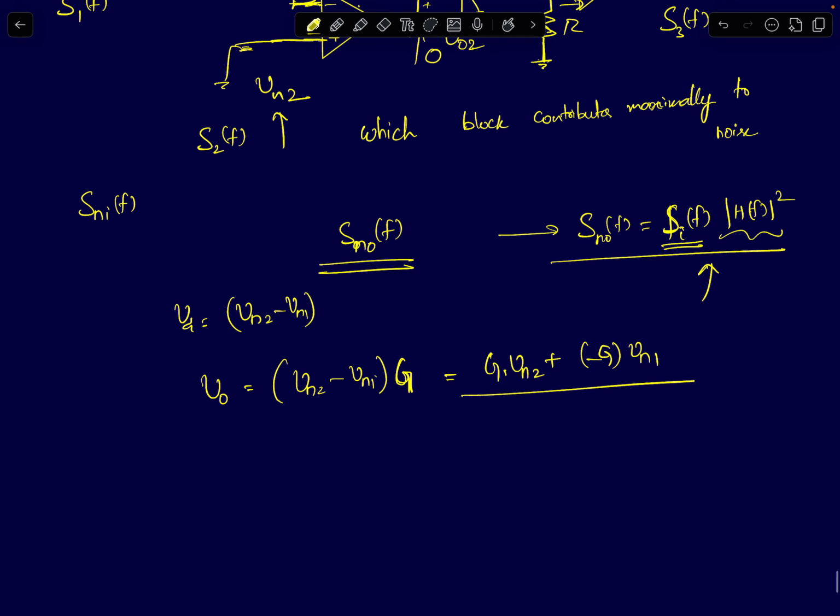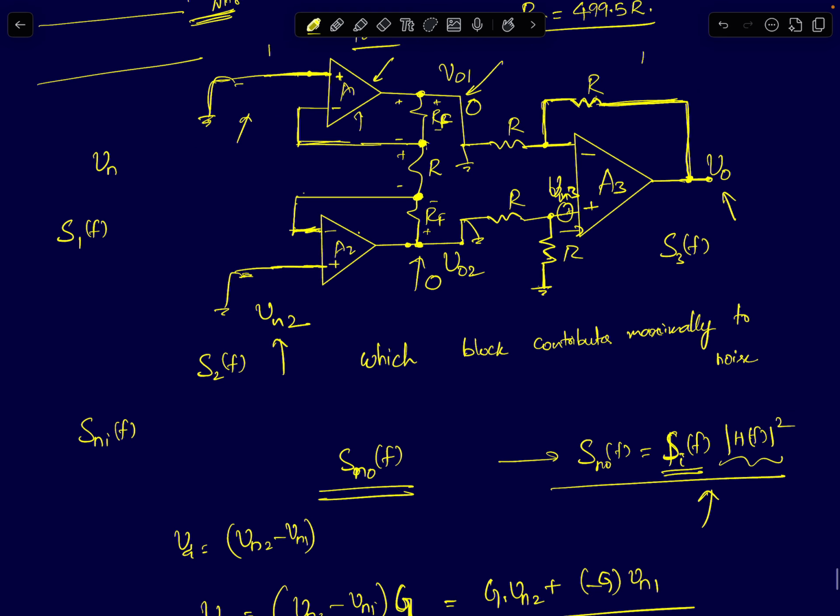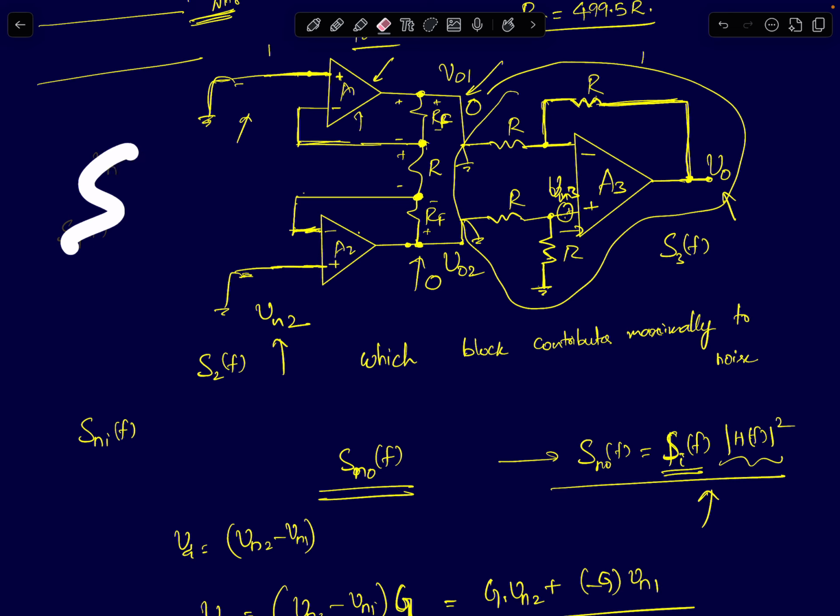So VO due to Vn3, I can maybe directly write this: you will have G times Vn2 plus minus G times Vn1, so minus G times Vn1. Remember Vn3 appears at this input. If you look at this part here, you have a non-inverting amplifier. So I'll draw this part so that it's very clear.